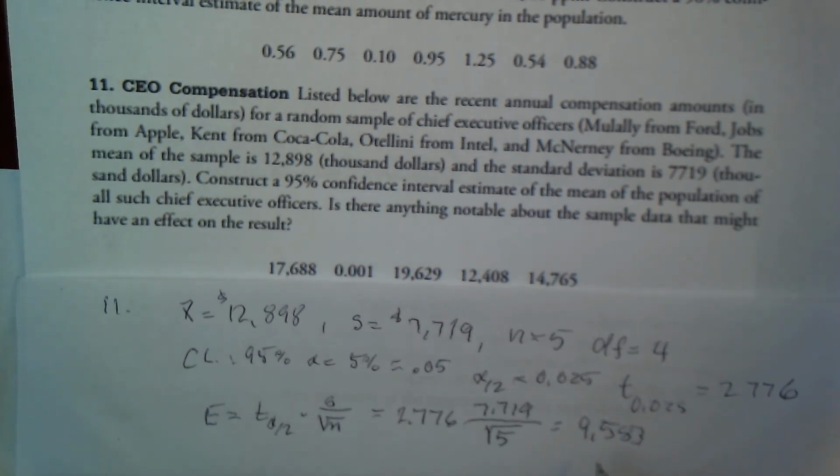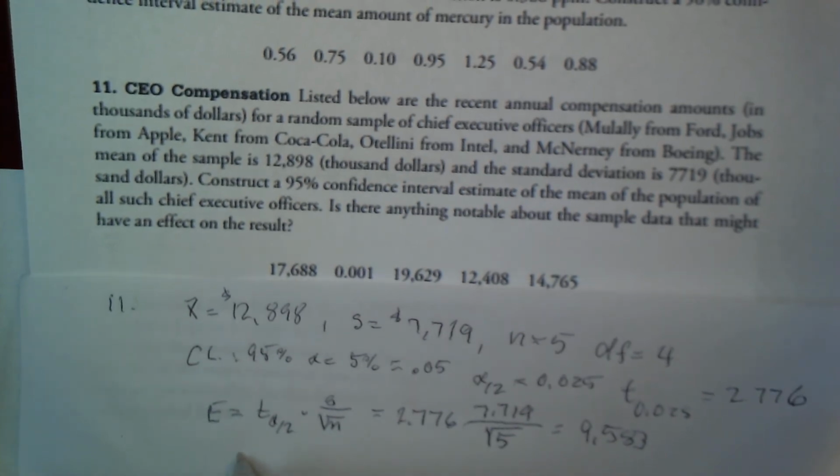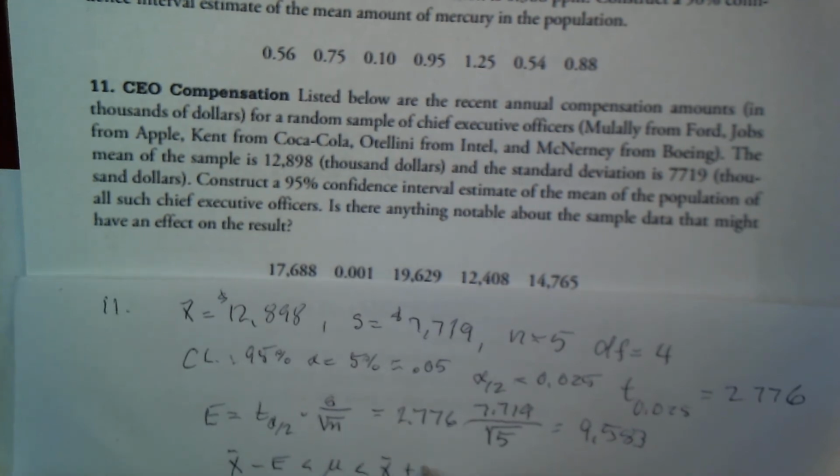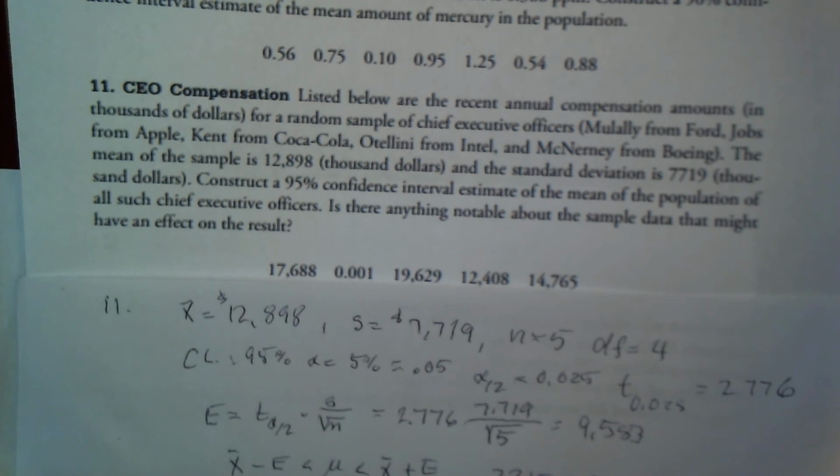And that is equal to 9,583. So our margin of error, the sample mean minus the margin of error, less than the true population mean, less than the sample mean plus the margin of error, would give us 3,315 less than the population mean, less than 22,481.